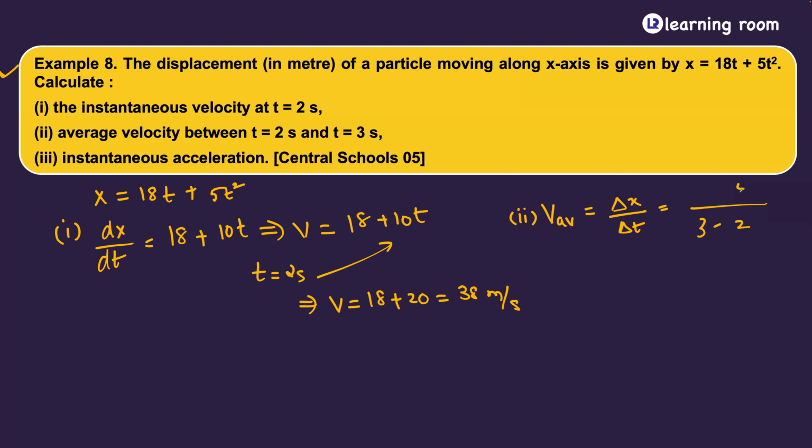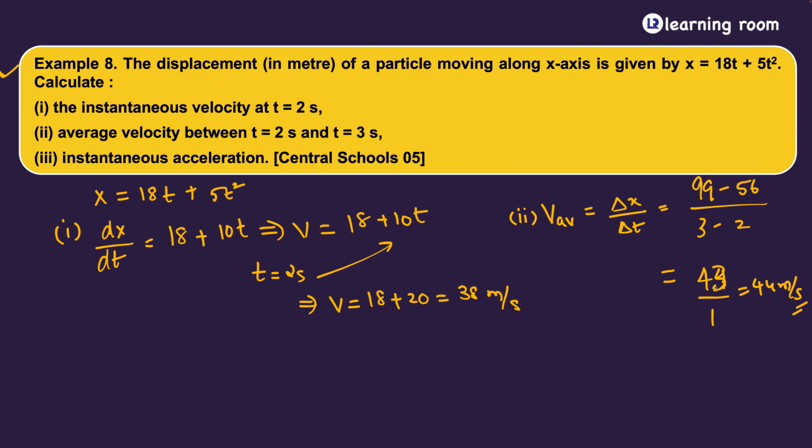So 56 is the initial value, and the initial value should be subtracted from the final value. When I substitute 3, I get 54 plus 45, which is 99. So you get 99 minus 56 divided by 3 minus 2.